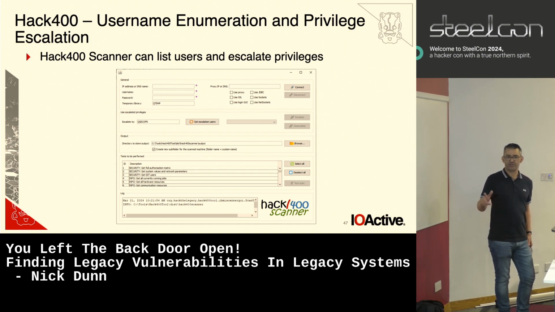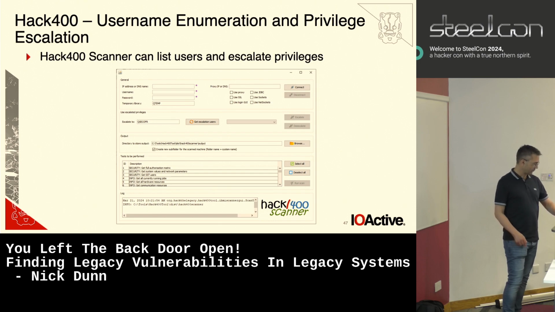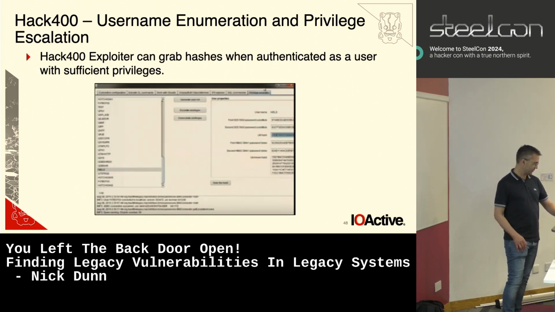And it gives you a button you can just press to escalate privileges to a different user that's listed. I'll discuss later how that's done. It's not always possible. It depends on the settings on accounts. But really, it just does all that for you.